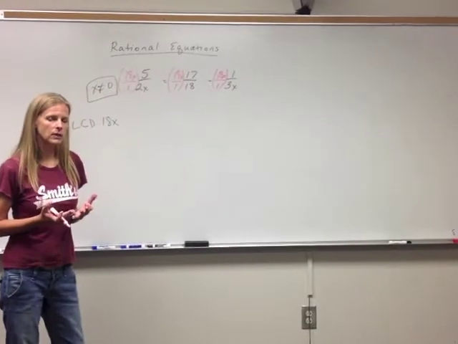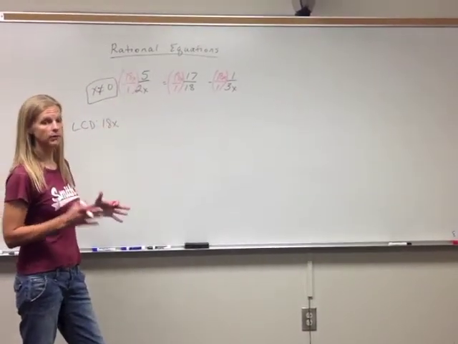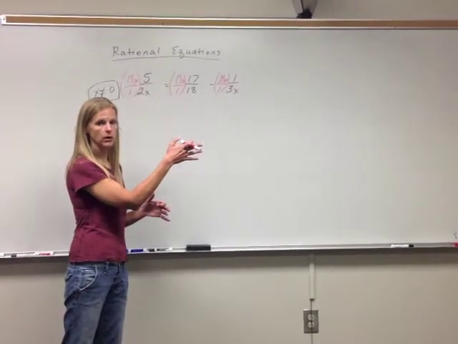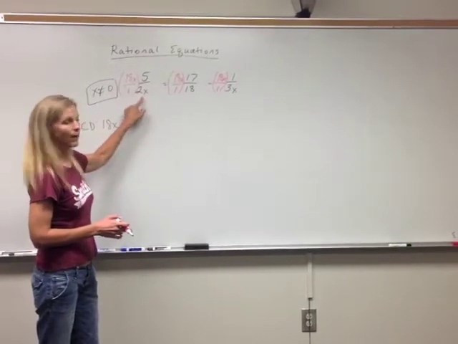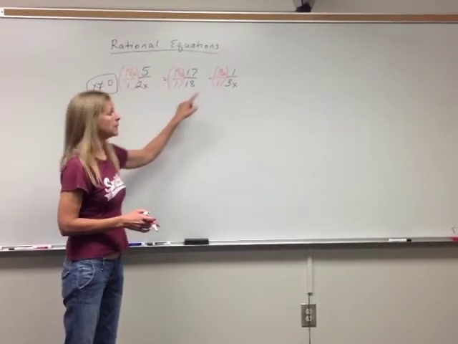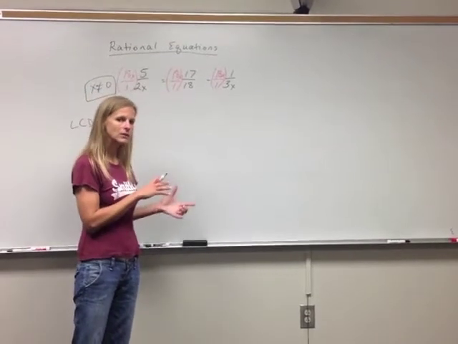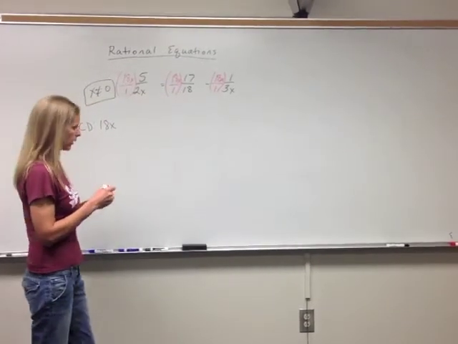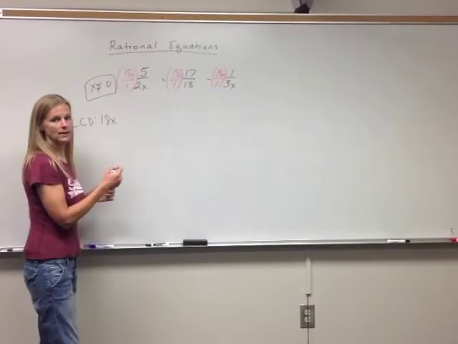All right, why would I do that? Just for those of you who need to keep in mind that when we multiply fractions, we multiply straight across. I will never multiply the 18x by these denominators. I'm going to use the 18x to try to simplify or get rid of these denominators. Does it work? Let's see. All right, I have a 2x and an 18x.